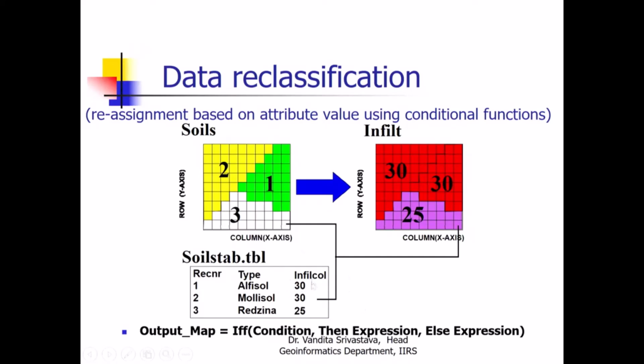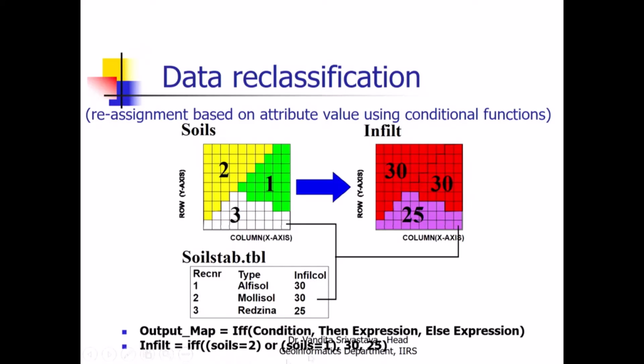So you can say if the soil type is 1 or soil type is 2, then give me infiltration as 30, else give infiltration value as 25, and this output map you can call infilt. So that is how you can get this kind of map. So you can also do classification using the conditional if statement, as it is called.